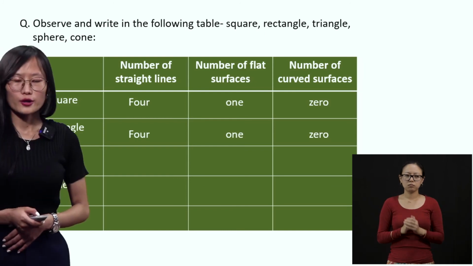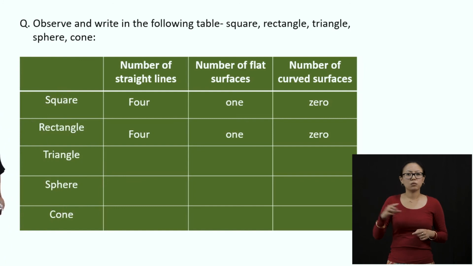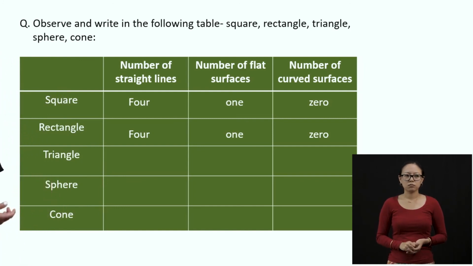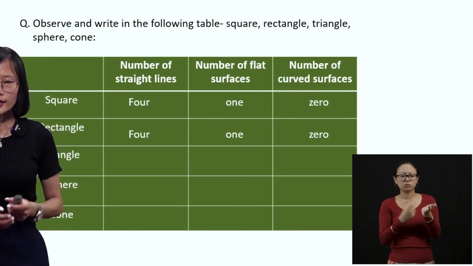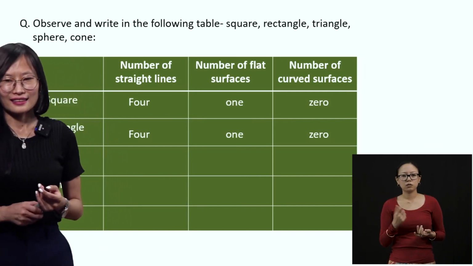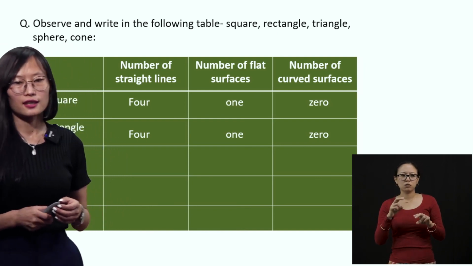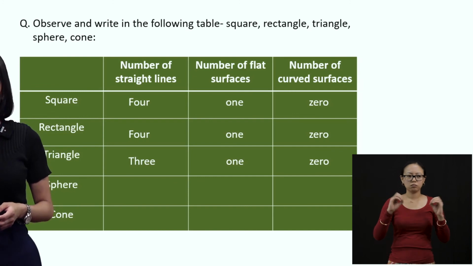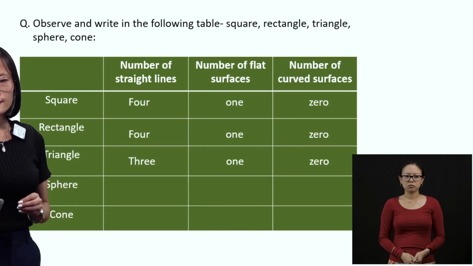Number of straight lines in a triangle: 3 straight lines form a triangle, right? Number of flat surfaces, you have only one flat surface. And number of curved surfaces, you don't have any curved surface here either. So 3, 1, and 0.